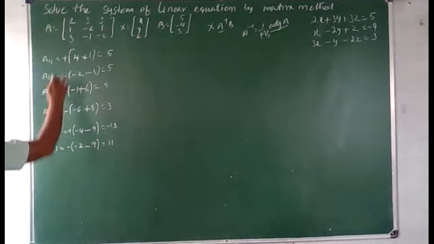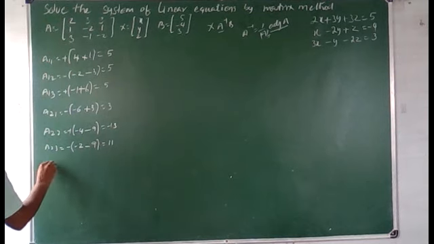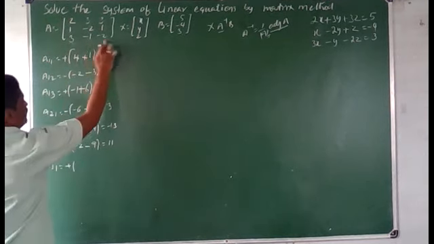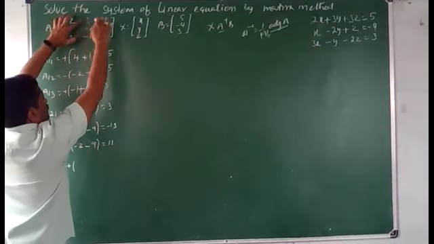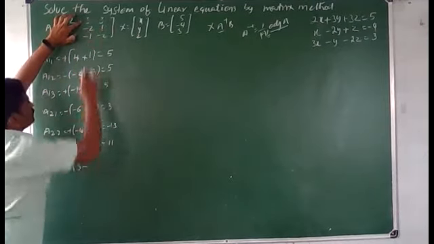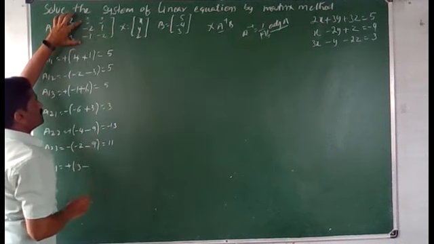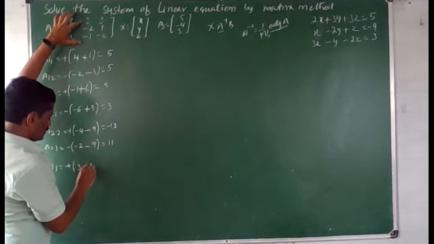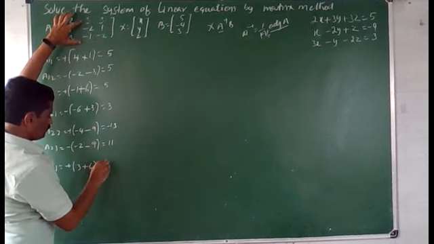Next, the cofactor of element a31 is equal to plus half. Leaving this row and column, we have 3 3 minus 2 1, 3 into 1, 3 again, minus minus 2 into 3, minus 6, minus of minus plus again, that is equal to 9.